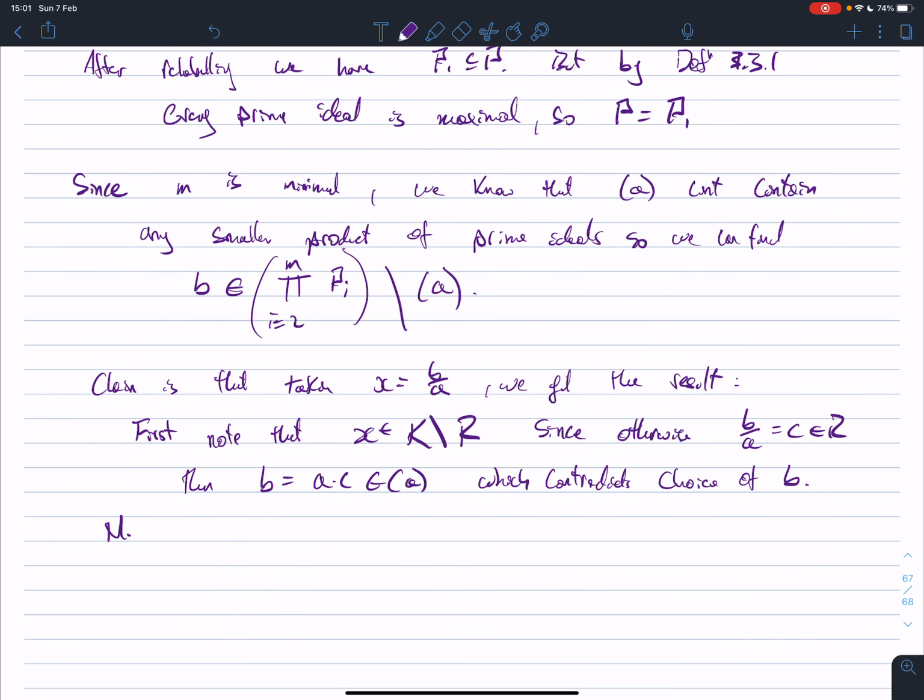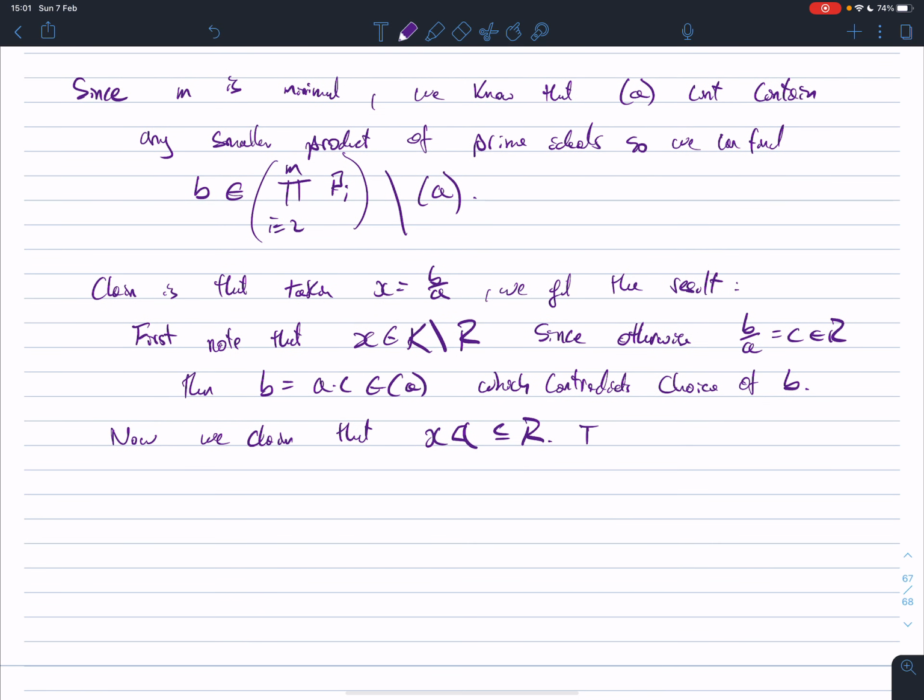So my element lives in the right set. It lives in the fractional elements, but not in the ring. Now, we claim that x times A is contained in R. So how do we do this? To see this, note that we have b times my fractional ideal p.